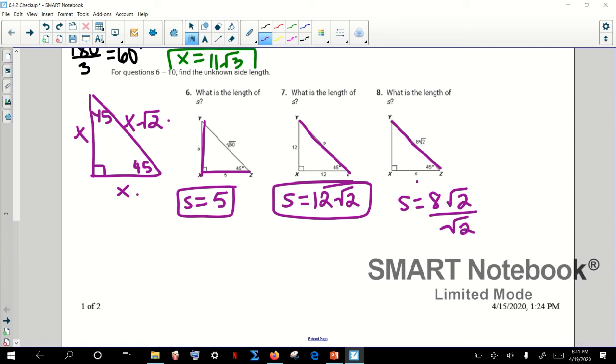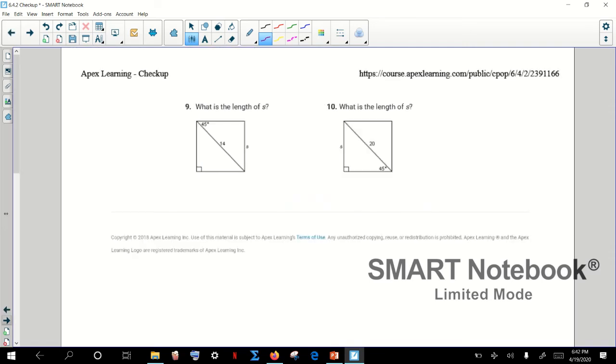But what's square root of 2 divided by square root of 2? That cancels out. So S is equal to 8. Should be an S. S is equal to 8. There we go. Alright, so we just have 2 more to get through.